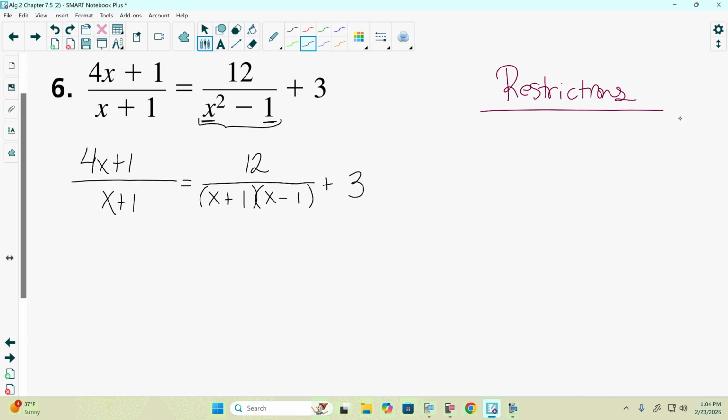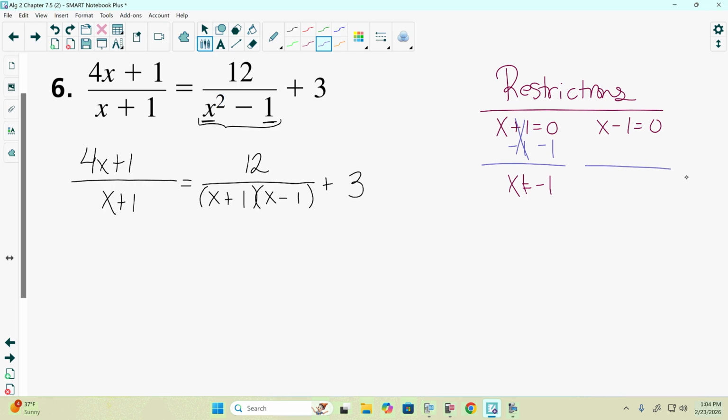Questions on this here before we find restrictions? Now the two places where the denominator can be 0 are at x plus 1 or x minus 1. For x plus 1, we can subtract 1 from both sides, telling us that if x is negative 1, we'd have a denominator of 0.